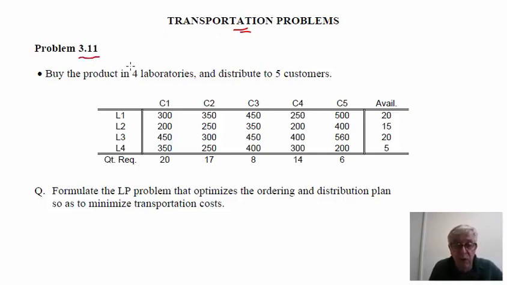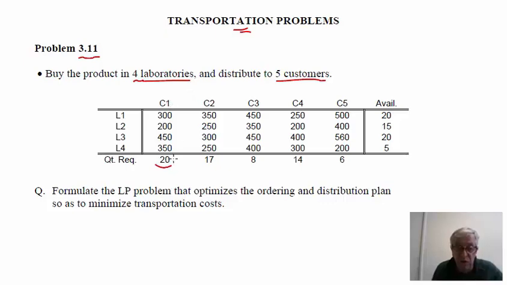In this problem, we have a situation in which a company buys from 4 laboratories boxes of medicine products that are delivered to 5 clients or customers. So we have here information related with the planning of the transportation for a given week, and we have information about the demand that the customers require.